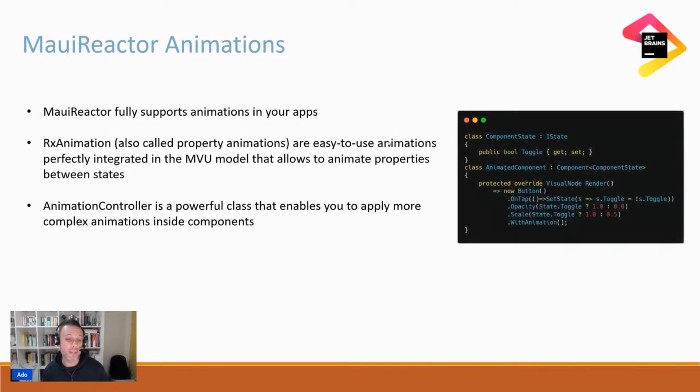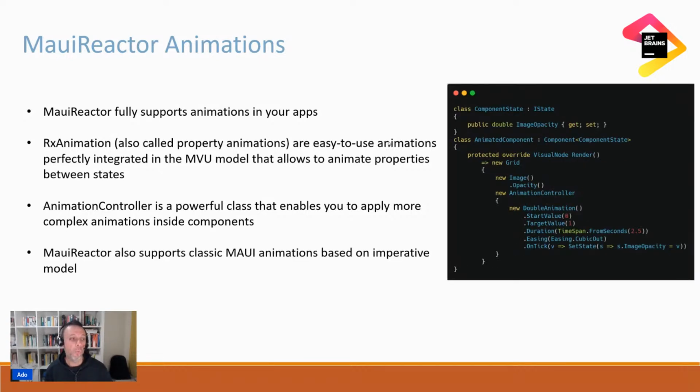Animation controller is instead a powerful class that lets you apply much more complex animation inside your components. MauiReactor also supports animation using an imperative model, like the standard model you are used to with .NET MAUI.